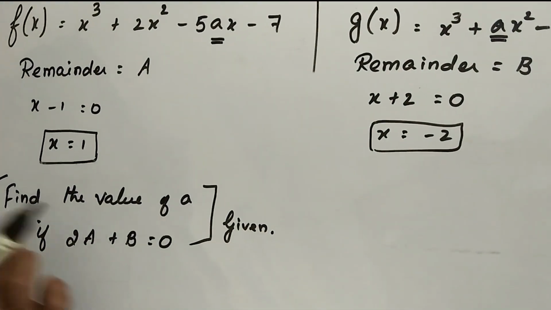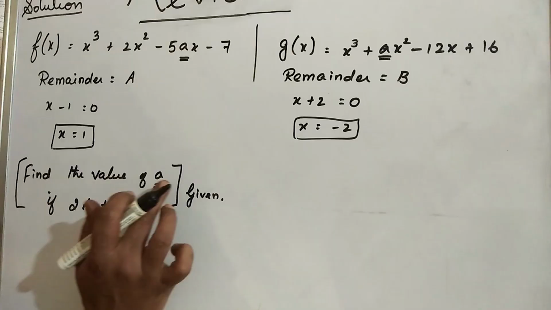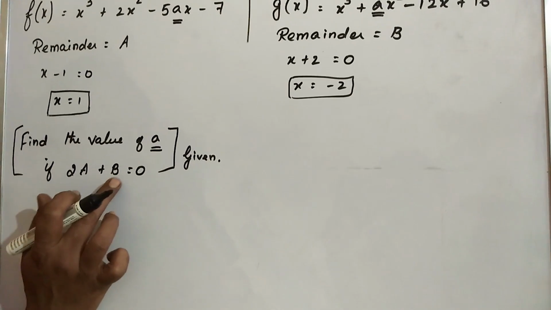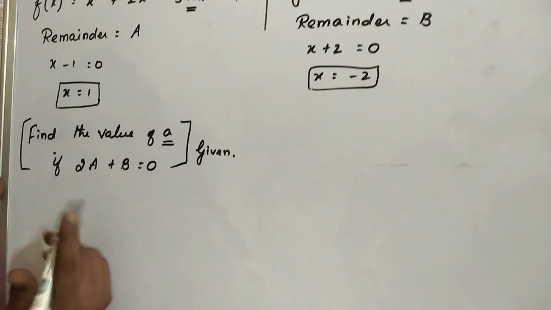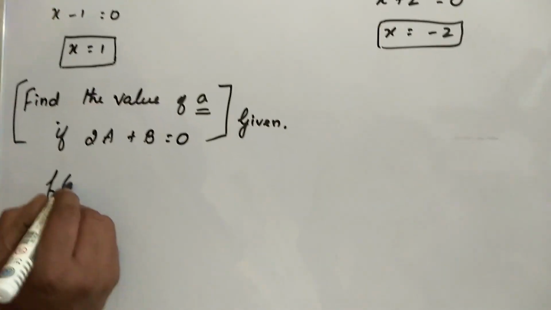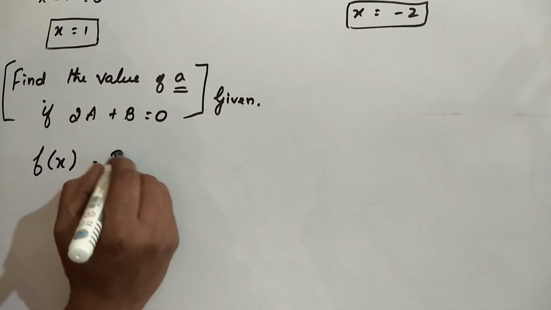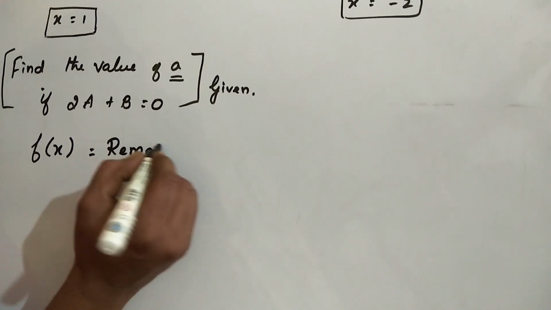We have to find the value of a if 2a plus b is equal to 0. And you know f of x is equal to the remainder, right?